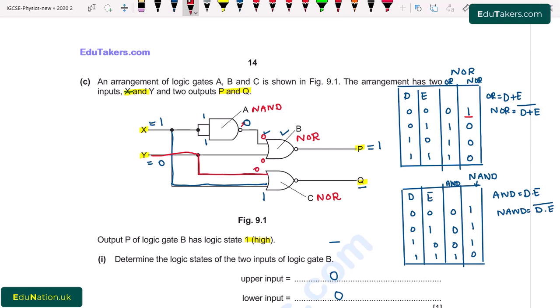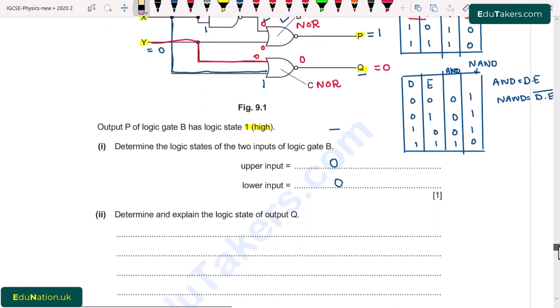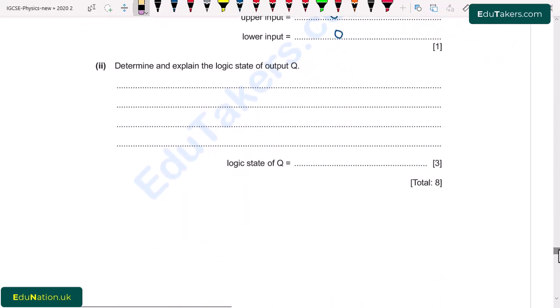So it's a NOR gate, and when inputs are 0 and 1 in the NOR gate, output will be equal to 0. So its output must be equal to 0. It means that Q is equal to 0. So I am writing here, logic state of Q will be equal to 0.